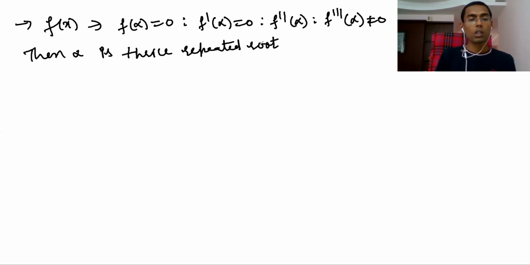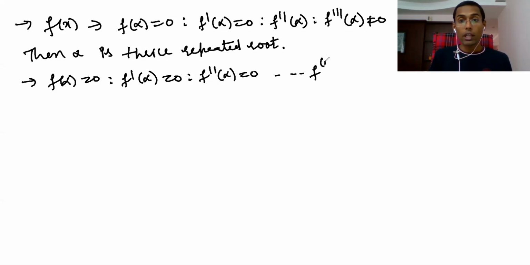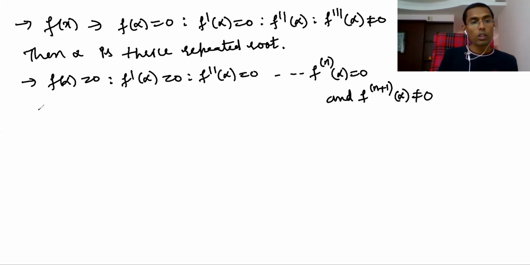Now I am writing the general statement: f of alpha 0, f dash of alpha 0, f double dash of alpha 0, and so on up to the nth derivative of alpha 0, and the (n plus 1)th derivative of alpha is not equal to 0. Then alpha is a root of multiplicity what?